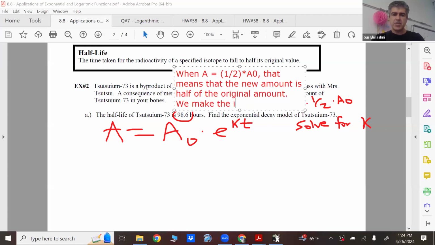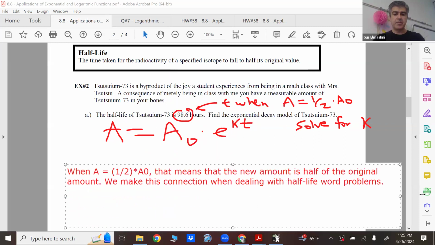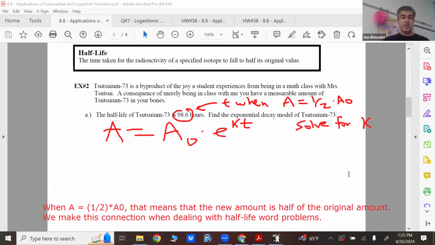We make this connection when dealing with half-life word problems. The initial amount. Right, so that's what that means.